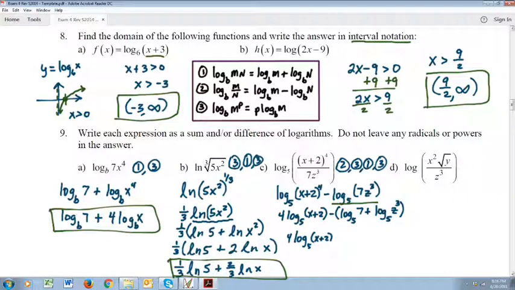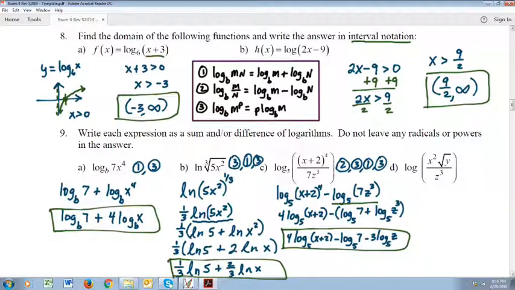So we've got 4 log base 5 of x plus 2. We're going to apply the minus to the log base 5 of 7. And then we've got to apply the minus to the second log there, but we're going to pull the 3 out using the power rule. And that should do it for us. I think we got everything we need.